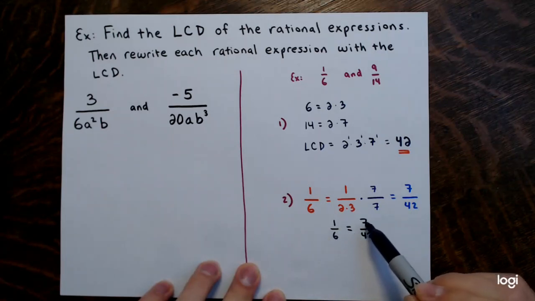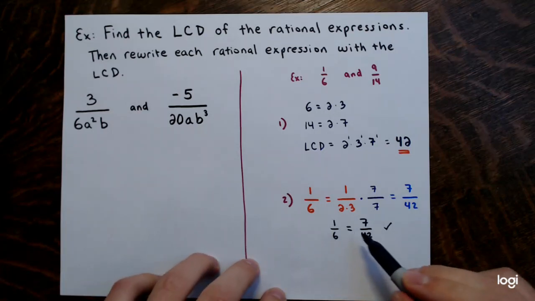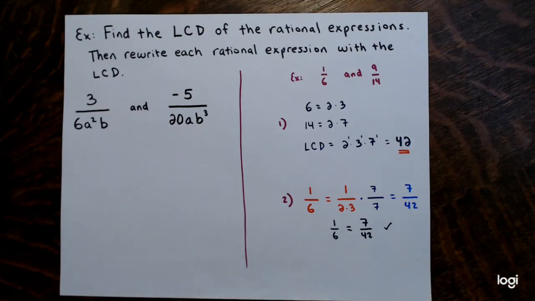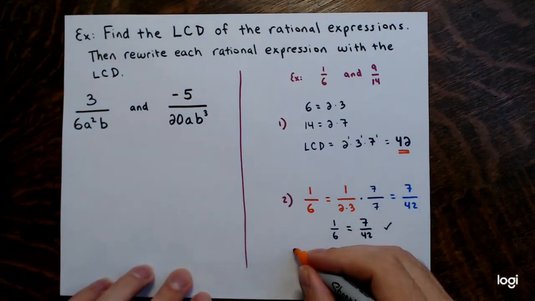If the cross products are equal, then indeed these are two equivalent fractions. They have the same value. Great. Let's do the same thing with the other one, 9/14.